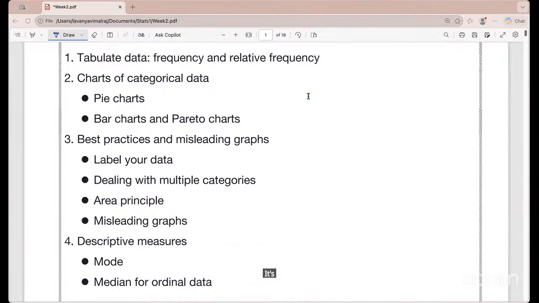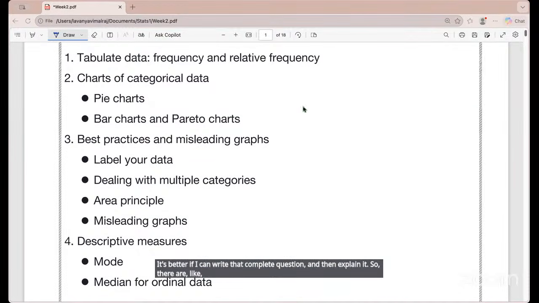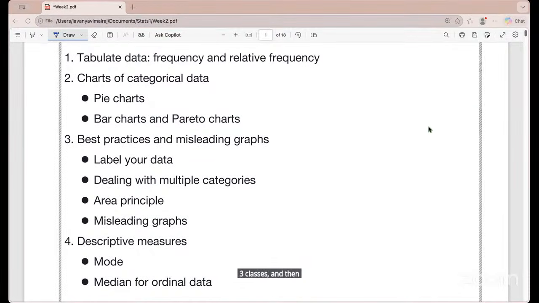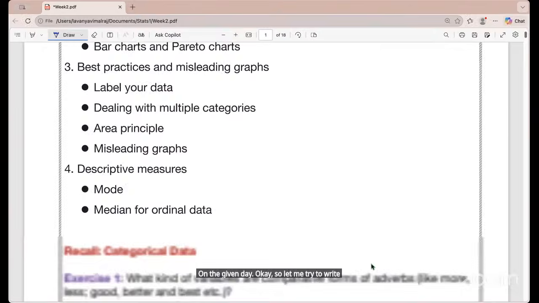It's better if I write the complete question and then explain it. There are 3 classes, and 10 berths were filled. What is the percentage of berths filled in the train on the given day? Let me write whatever is given there.